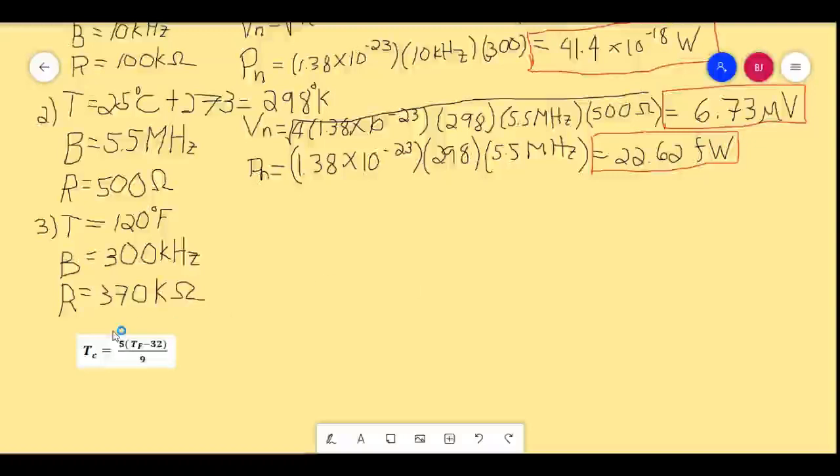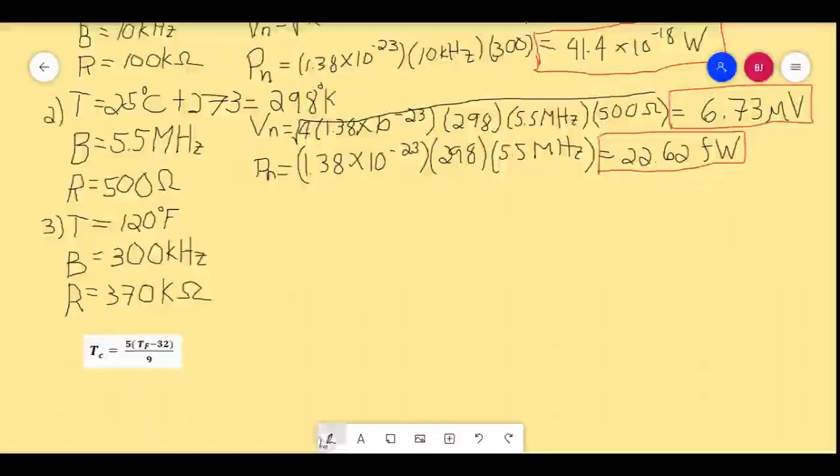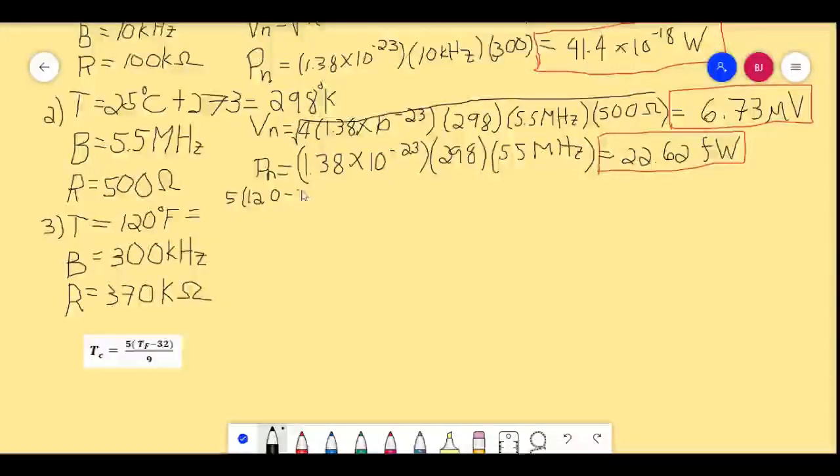As shown below, we subtract 32 first from the temperature, then multiply it by 5, then divide it by 9. So let us convert this first before actually going into the computation. So we have 5 multiplied by 120 Fahrenheit minus 32, divided by 9.